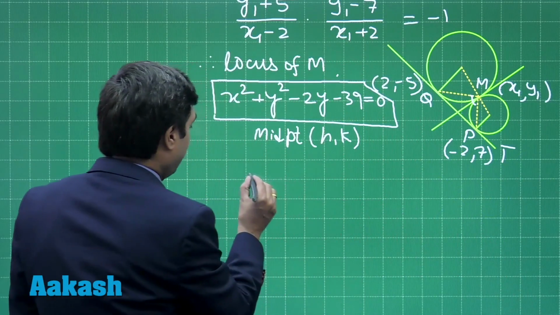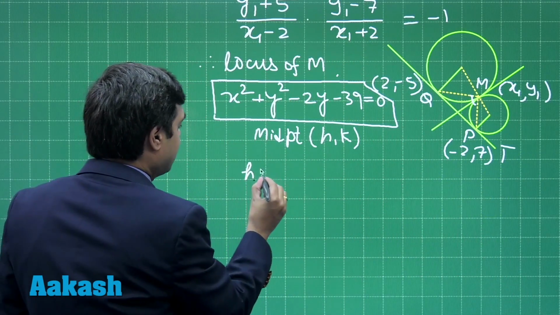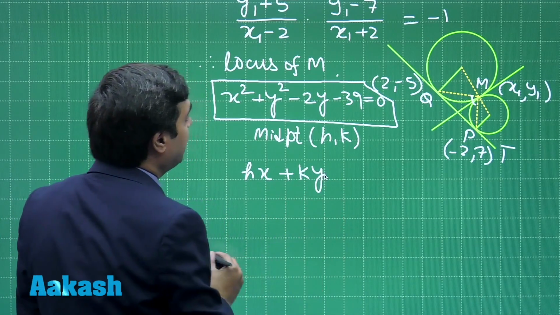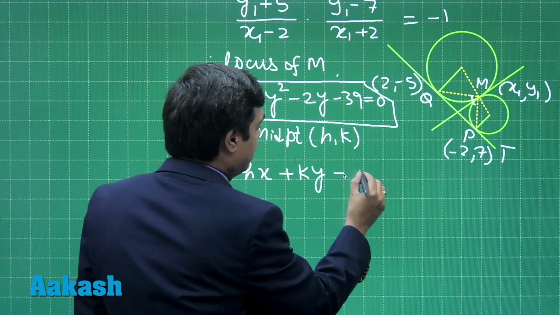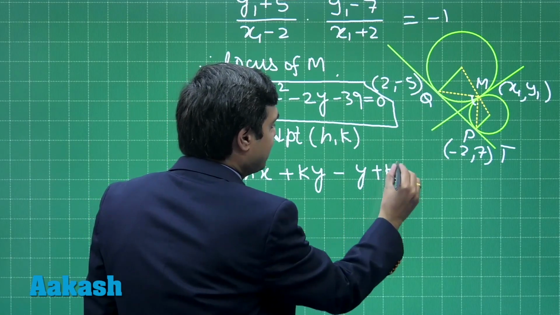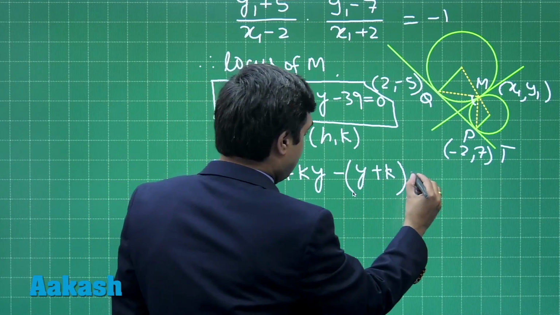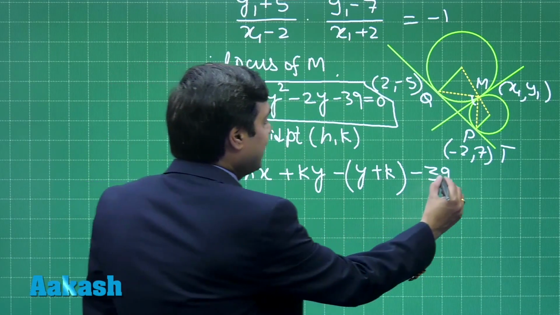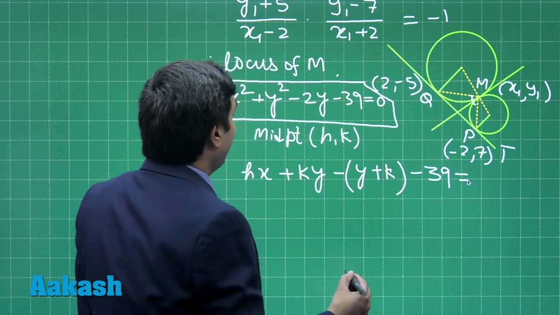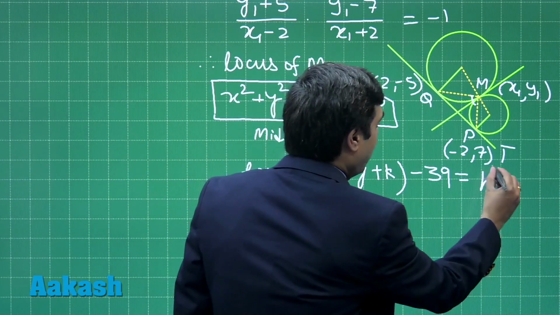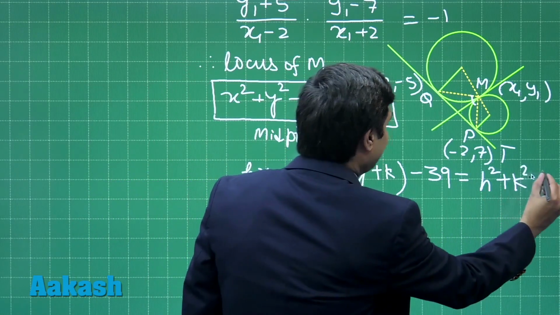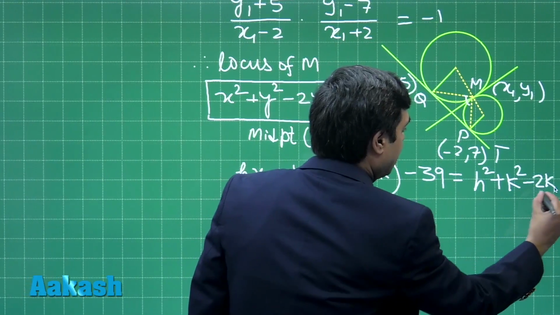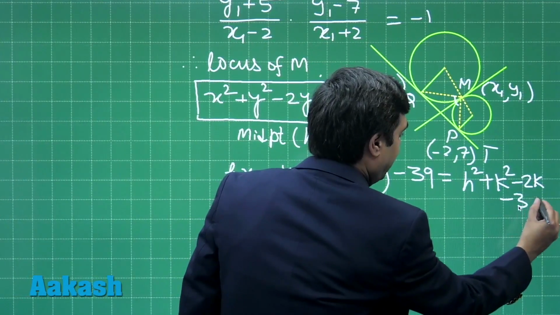The equation of the chord is simply hx plus ky minus y plus k minus 39, that is T, is equal to S1. S1 means h square plus k square minus 2k minus 39.